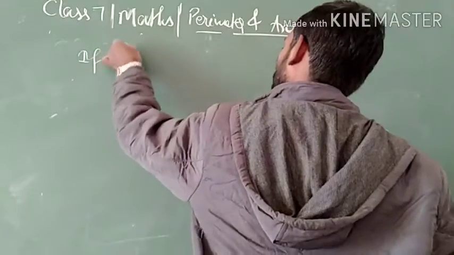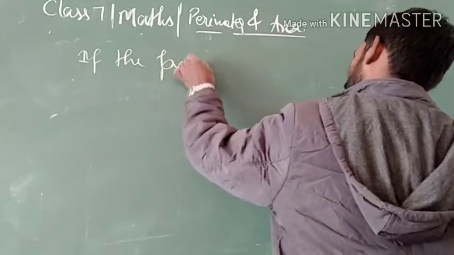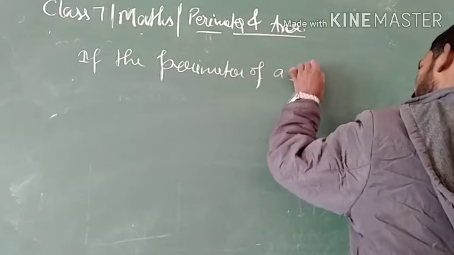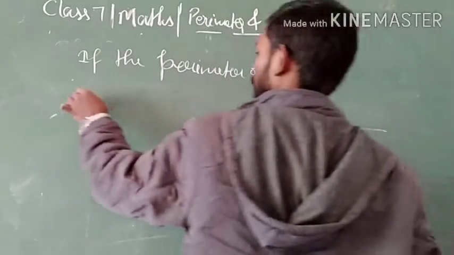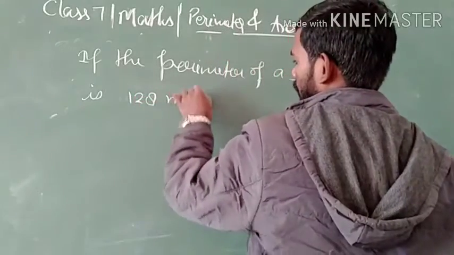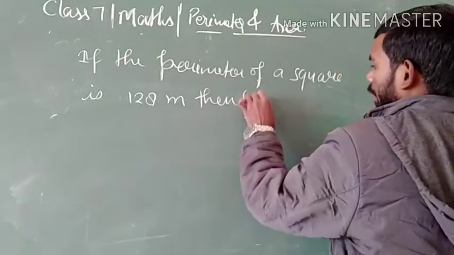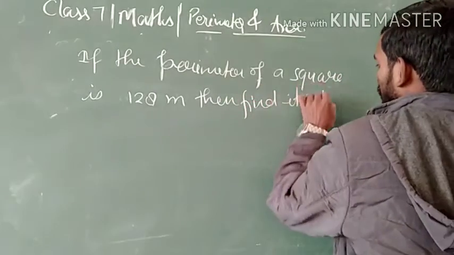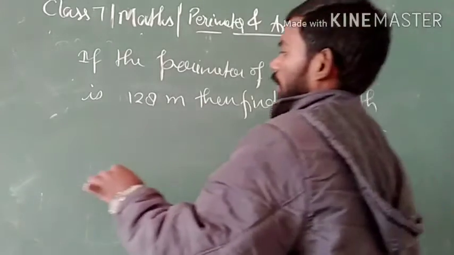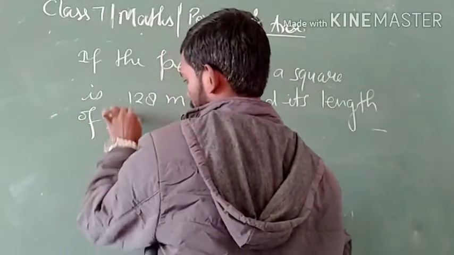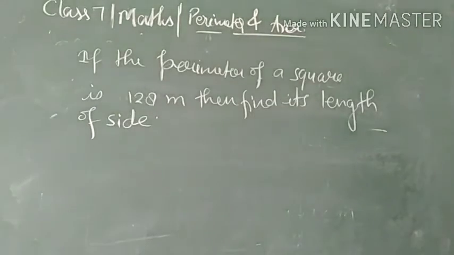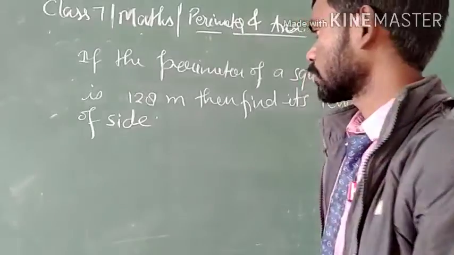If the perimeter of a square is 128 meter, then find its length of side. Sometimes the question may also be asked like that.